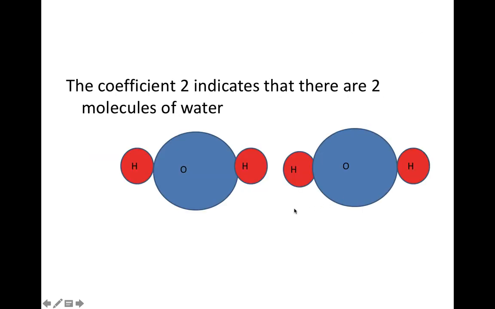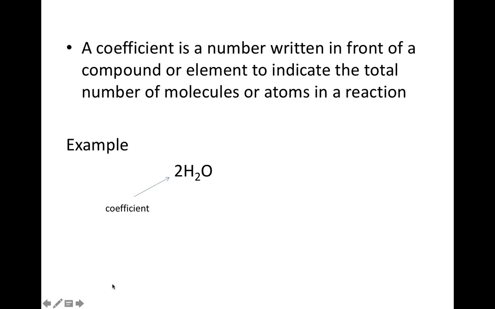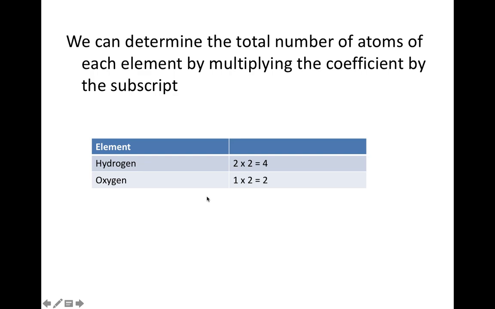So you can draw the atoms, which I'm going to have you do in your worksheet, and count them, but a shortcut is you simply take the coefficient and multiply it by the subscript. So 2 times 2 means that you have 4 hydrogen, and 2 times the imaginary 1 means that you have 2 oxygen. So it's summarized here.